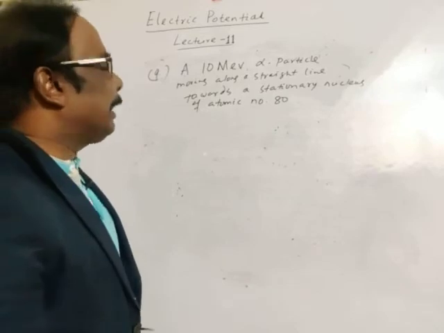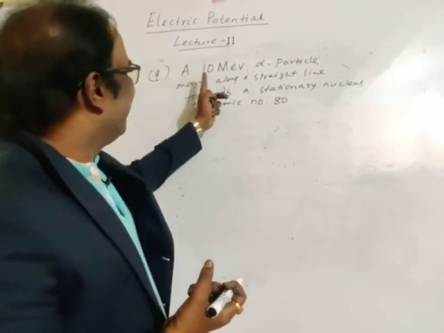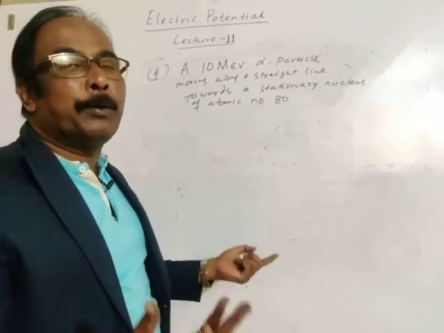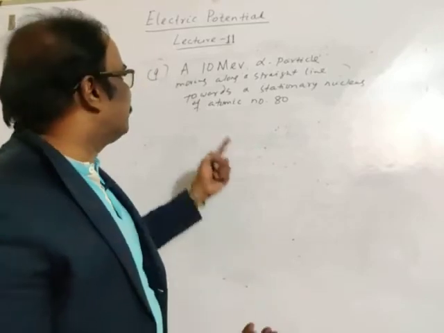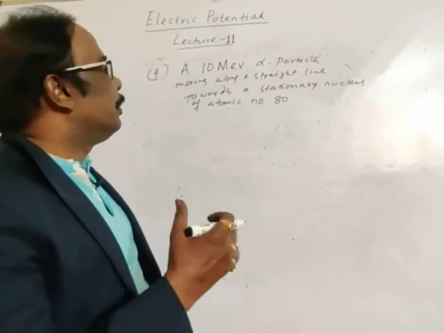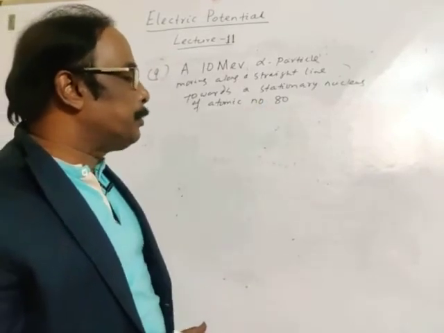A 10 mega electron volt alpha particle means 10 mega electron volt is the energy of alpha particle. We have discussed electron volt is units of energy. Nucleus is at rest and its atomic number is 80.